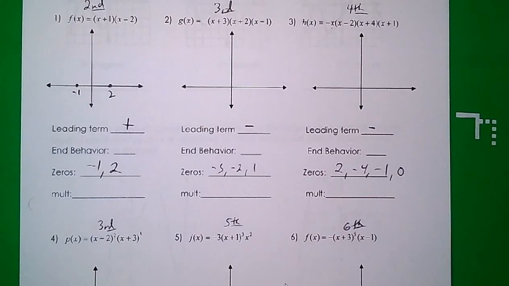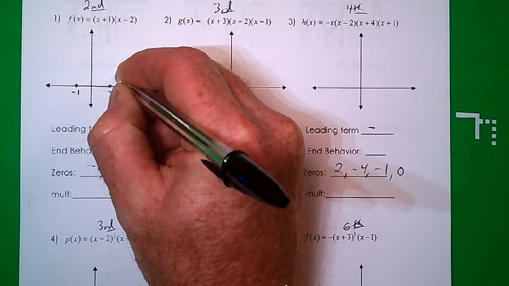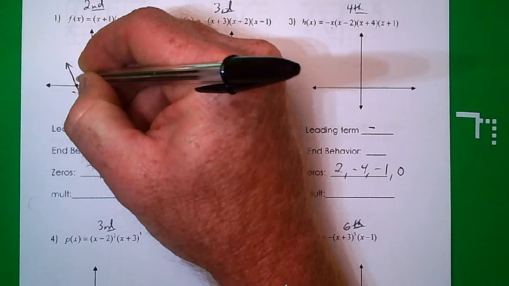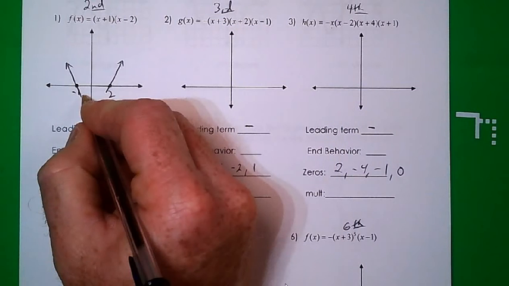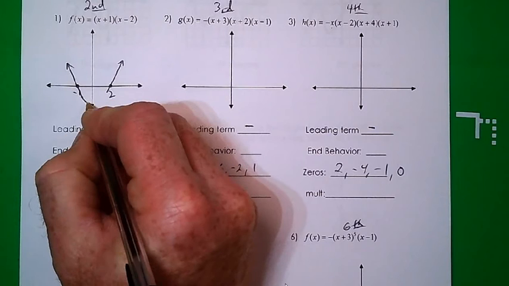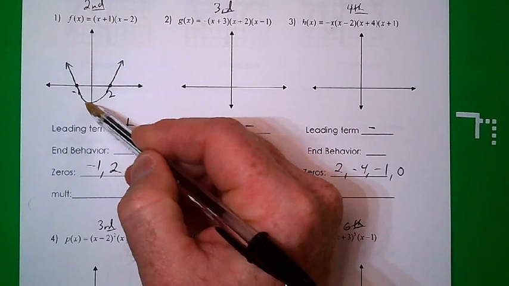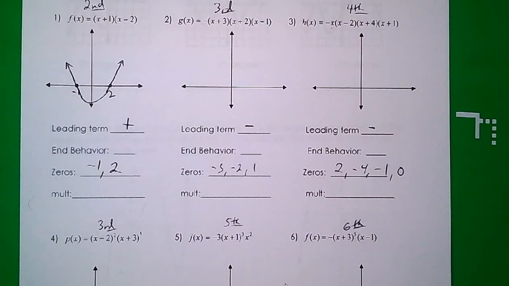So I know that I'm going to finish up, and I'm going to finish up, and I had to go straight through those points. Now, in order to connect my curve, I've got to curve around, okay? So I just make a parabola. Is that parabola drawn perfectly? No, it doesn't matter. It shows me what I need it to show me when it comes to graphing this polynomial. It's a sketch.